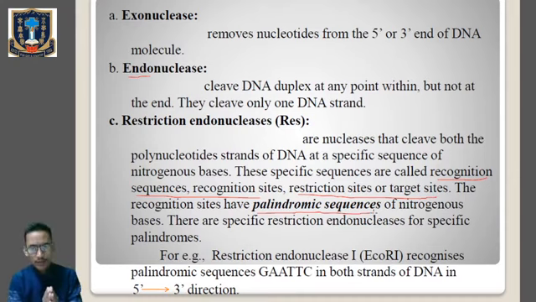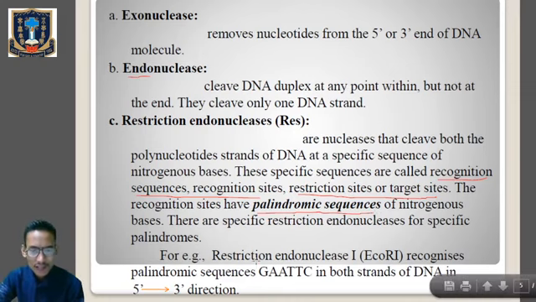For example, restriction endonuclease 1, EcoR1. That's just an example of a restriction enzyme, EcoR1. This EcoR1, the restriction endonuclease enzyme, will recognize the palindromic sequence GAATTC. Now what does this GAATTC mean?